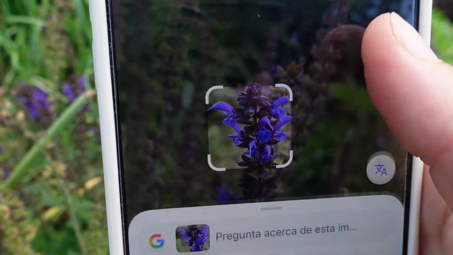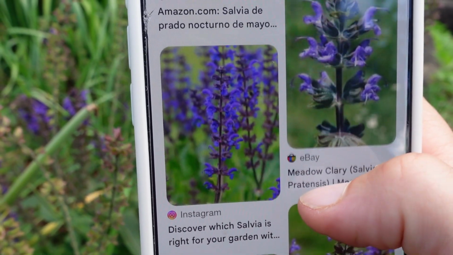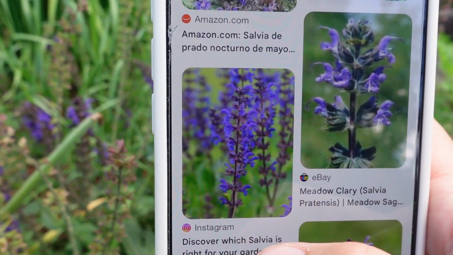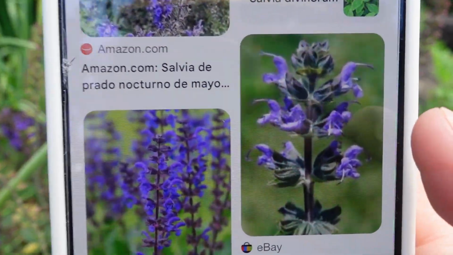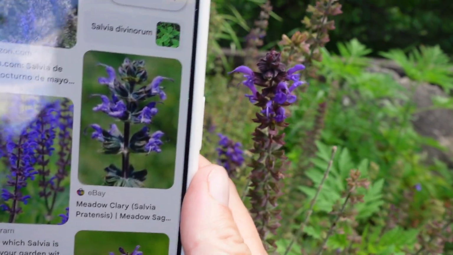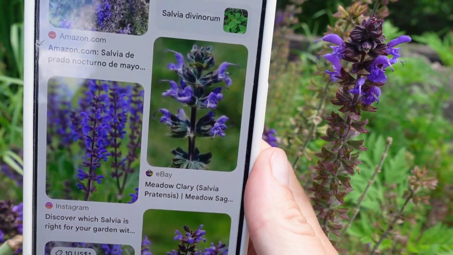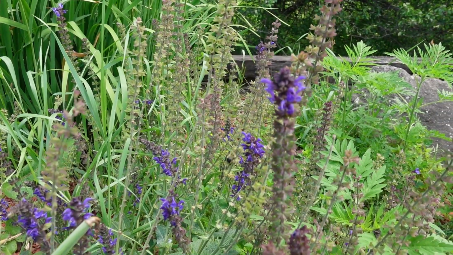Okay, this flower is called a salvia, or a meadow clary. Nice. I'm learning the names of a lot of different flowers today.